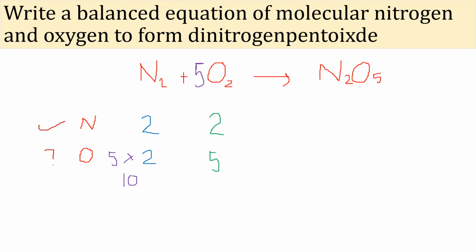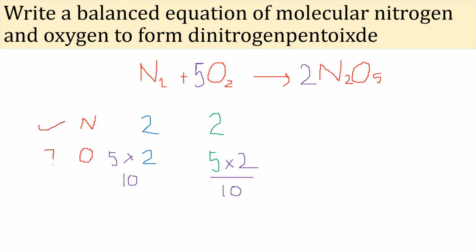And to get 10 oxygen atoms on the product side, we're going to multiply dinitrogen pentoxide by 2. So I multiply it by 2 and I get 10 oxygen atoms on the product side too.